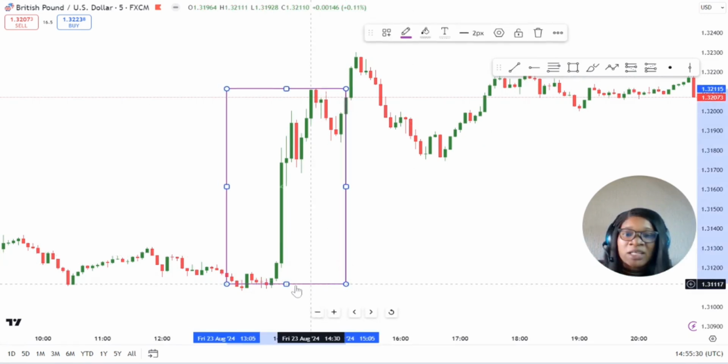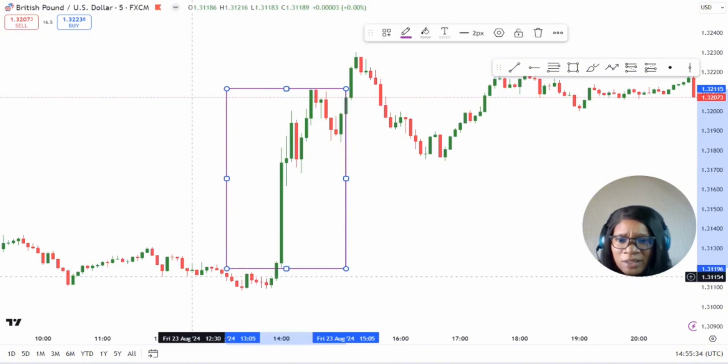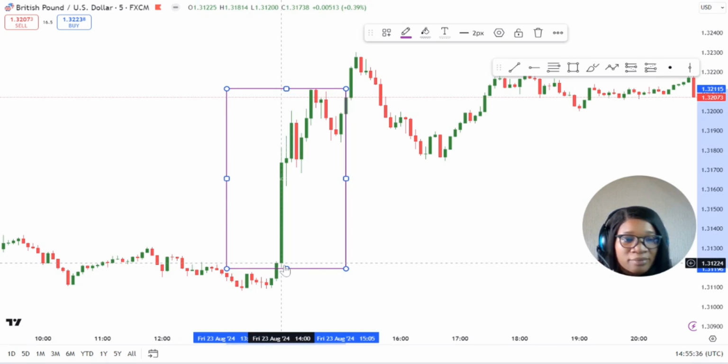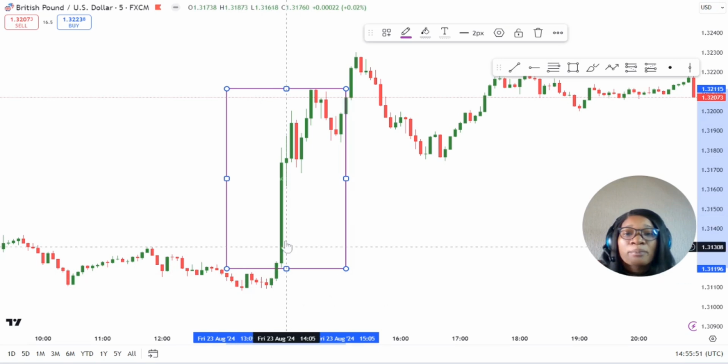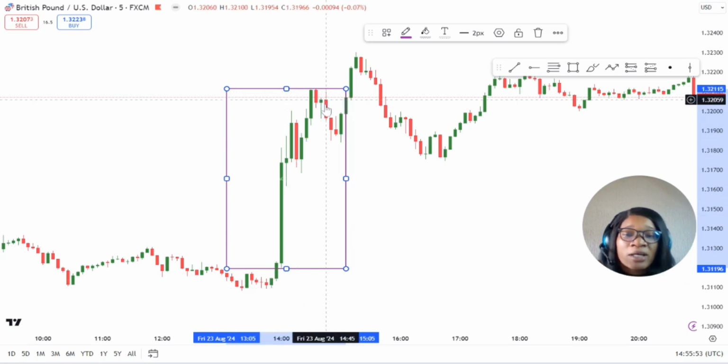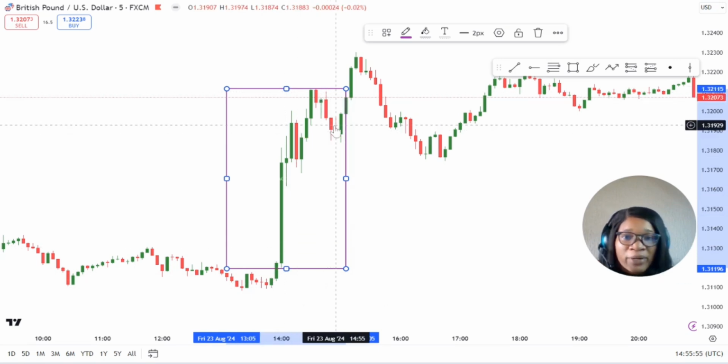So the opening price, I think it's somewhere here. The opening price was somewhere here. And then there was a time price was down here at 1.31103, right? But at the end of the day, price still closed above the opening price.